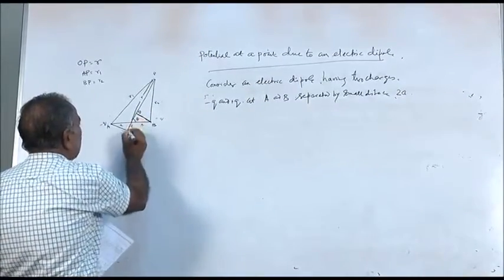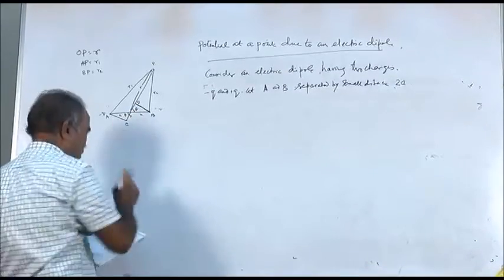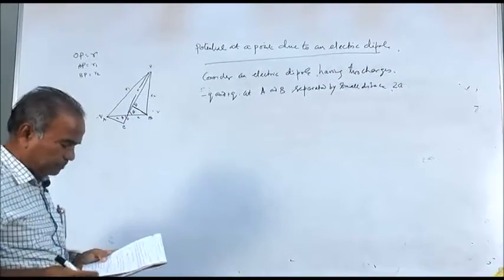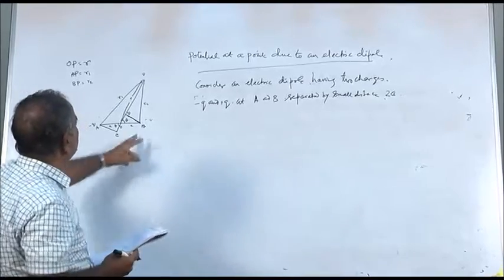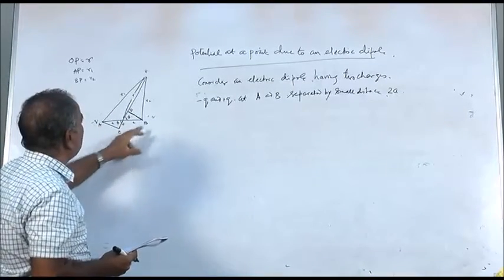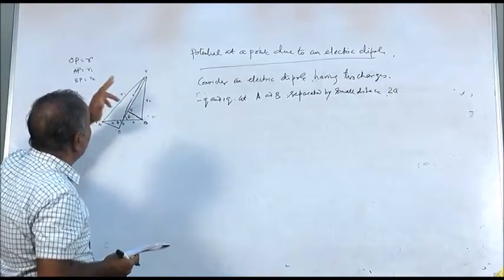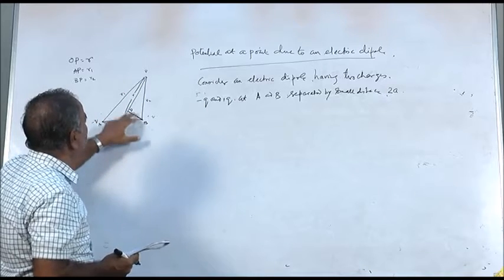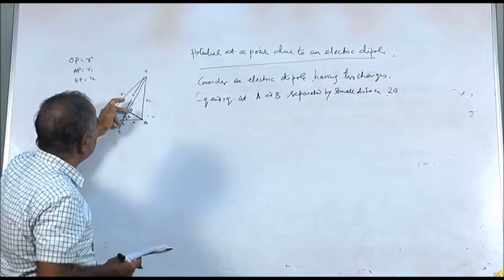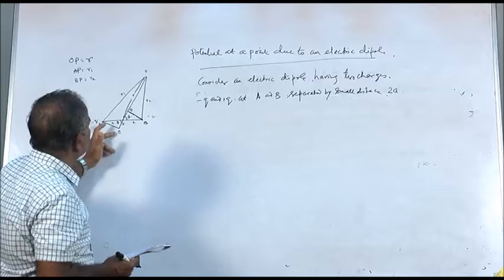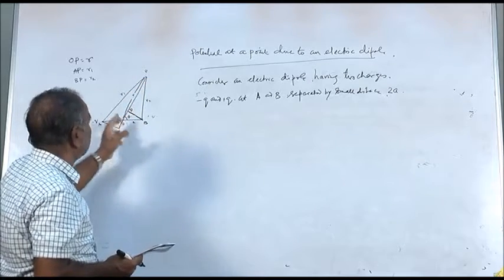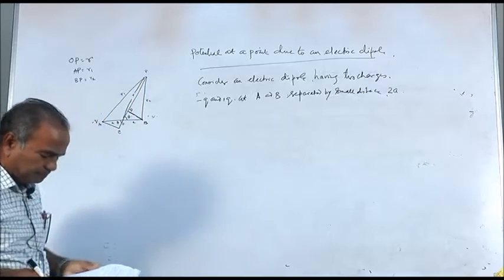Since this angle is theta, this is also theta. BD and AC are drawn perpendicular to the line PO at different points. AC is perpendicular to PO, which is produced backward.